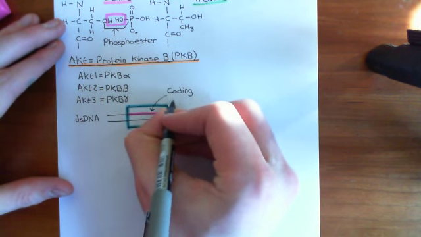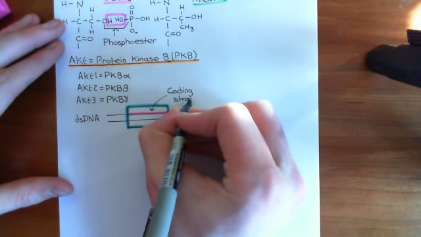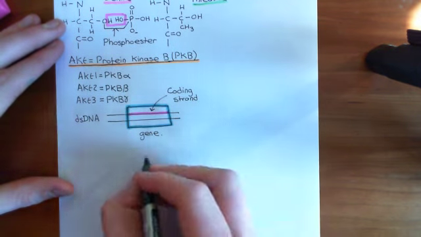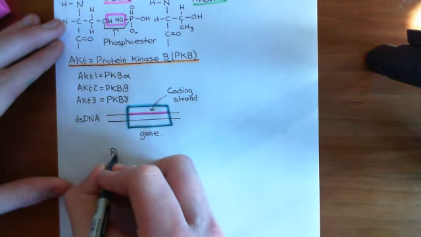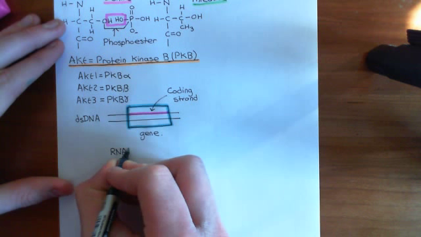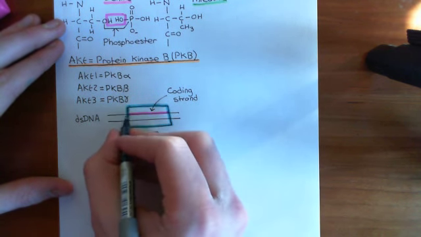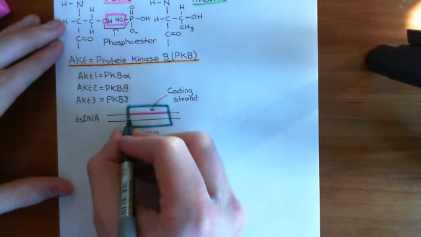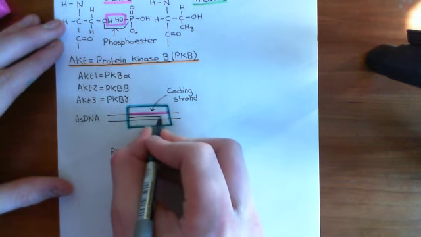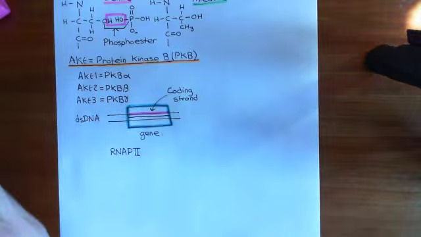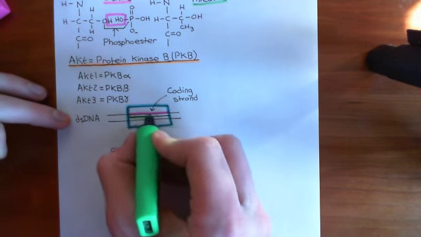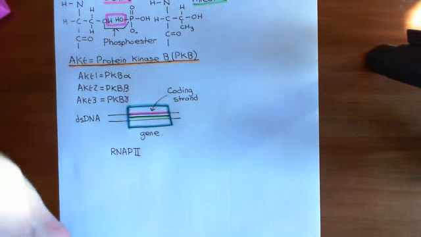This one that I've highlighted in purple will be the coding strand of the DNA. The enzyme RNA polymerase II, often abbreviated to RNAP2, will come in here, open up the DNA, work its way along the coding strand and produce a piece of mRNA that is complementary to that coding strand, which is in green here.